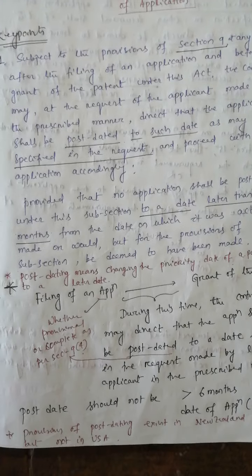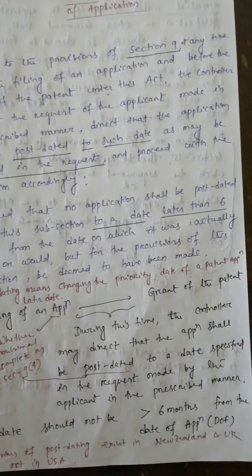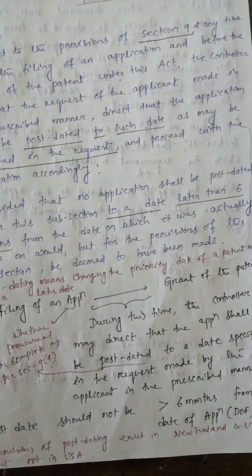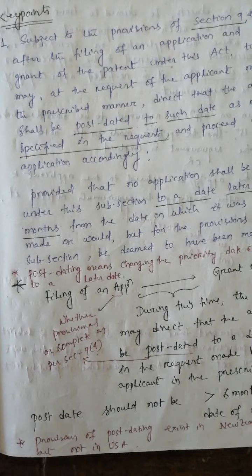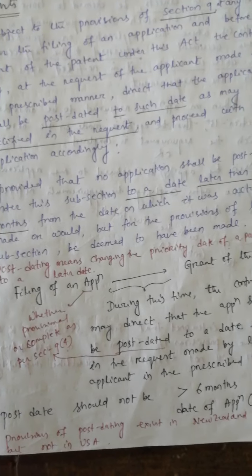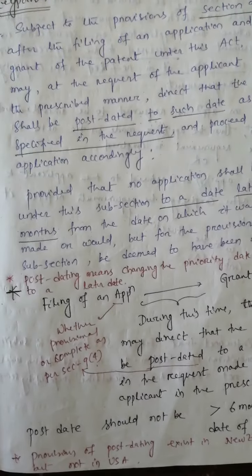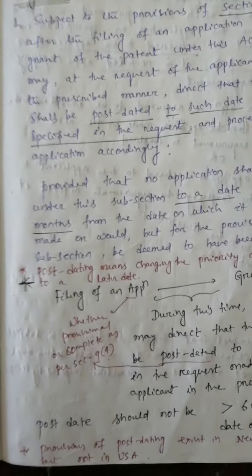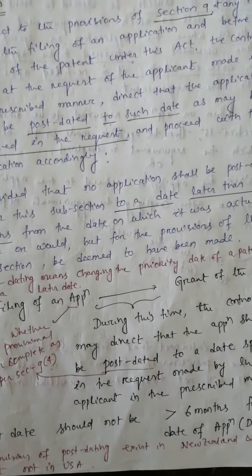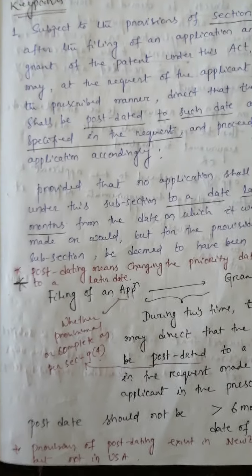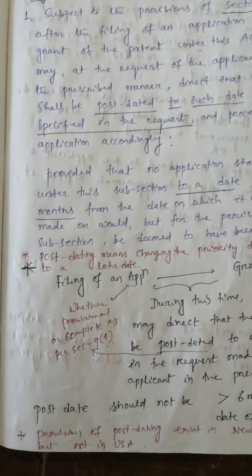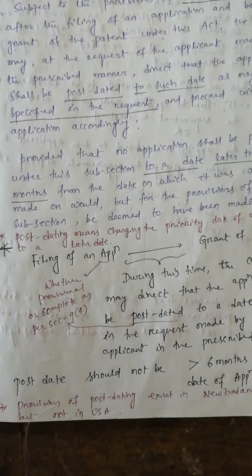Subsection 1 says, subject to the provisions of Section 9, at any time after the filing of an application and before the grant of the patent under this Act, the controller may, at the request of the applicant made in the prescribed manner, direct that the application shall be post-dated to such date as may be specified in the request and proceed with the application accordingly.